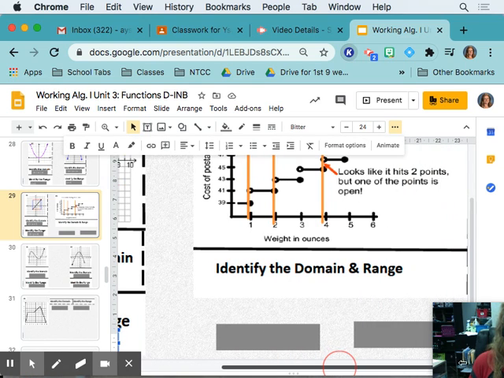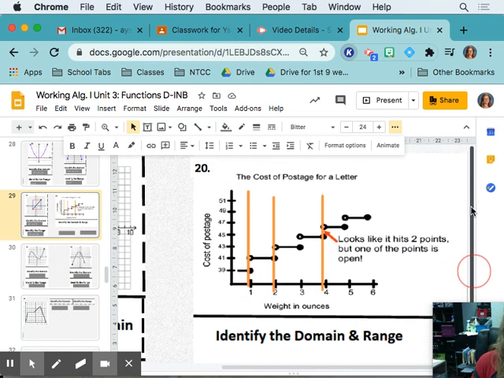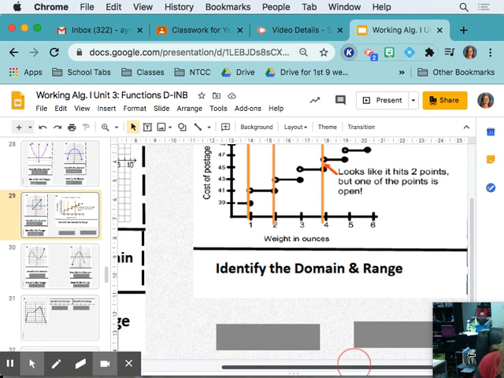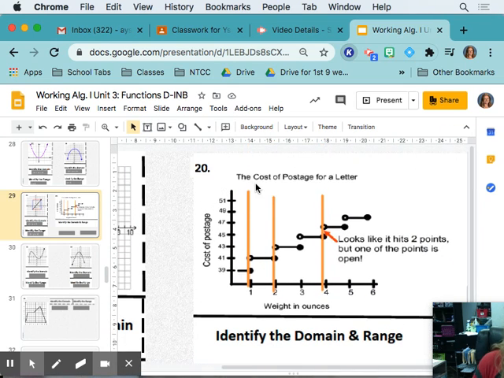Okay, let's go to the next one. This one's different than we've seen before. The cost of postage for a letter, weight in ounces. It looks like it hits 2 points, but one of the points is open. So this is a function because they don't actually fail the vertical line test. So the domain is our x's, so weight in ounces.